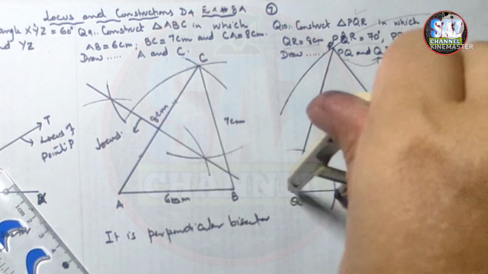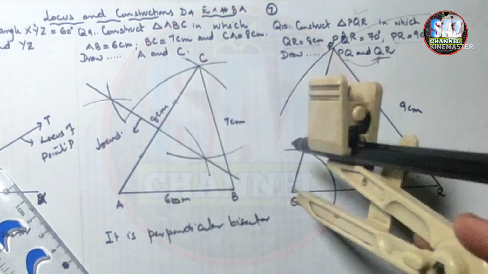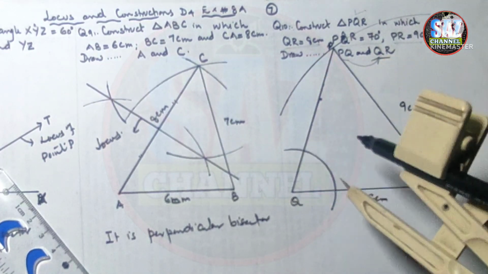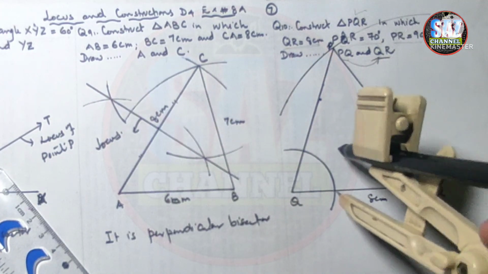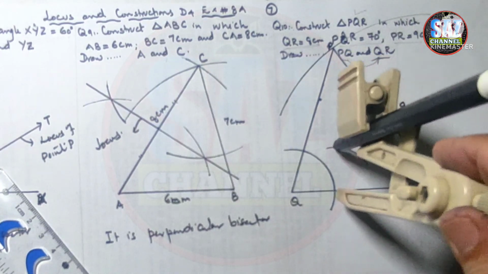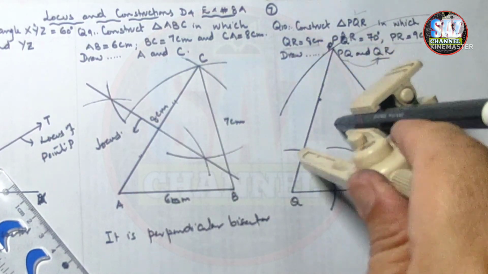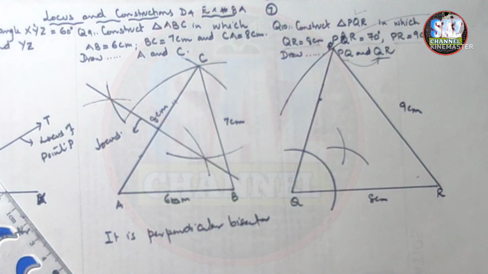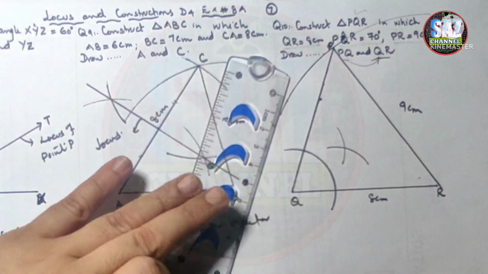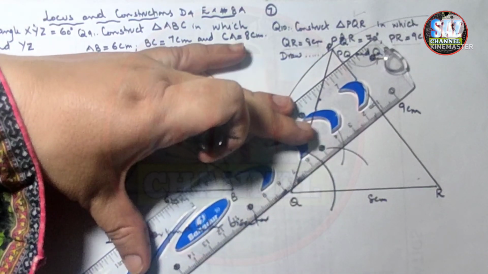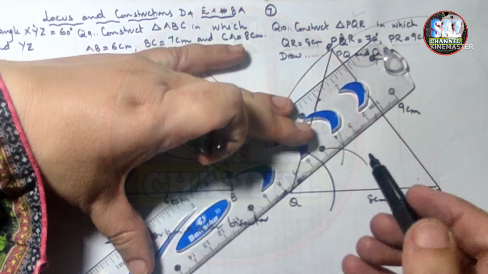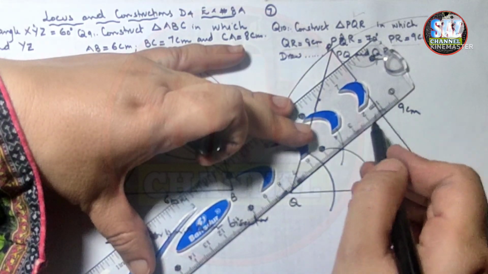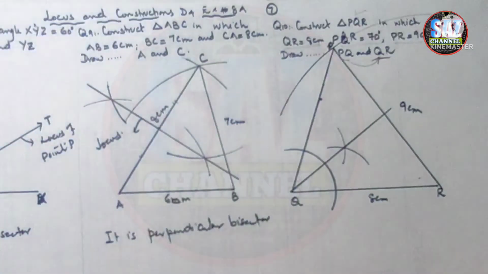Okay, and then with the same compass opening, I have to keep the needle at this point of intersection and draw the arc, and then repeat the process. Very easy and very interesting questions, and this is geometry work, and it gives mental relaxation as well. And now I have to join over here.